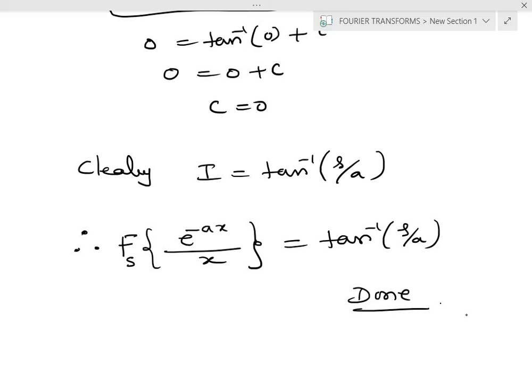So let us take another problem, an inverse Fourier transformation related problem.